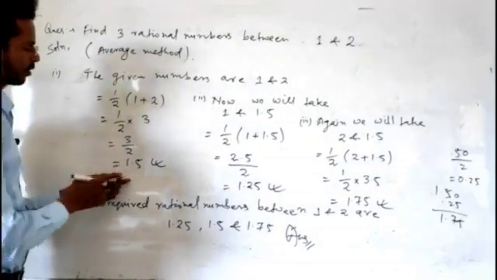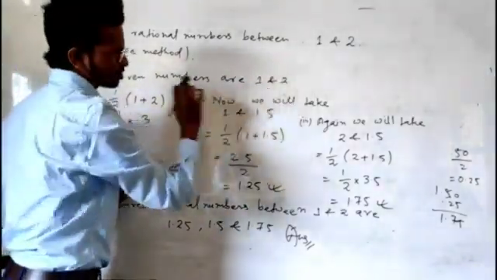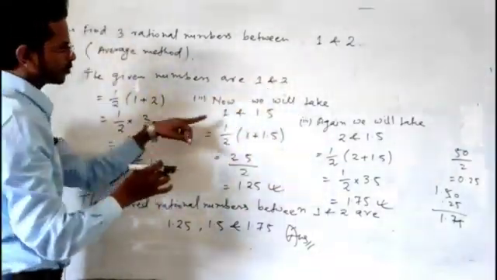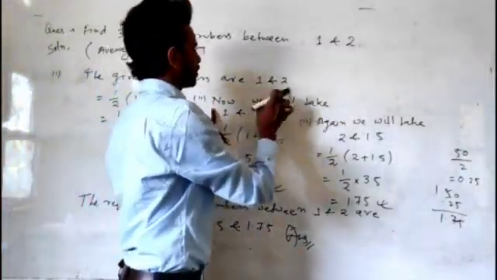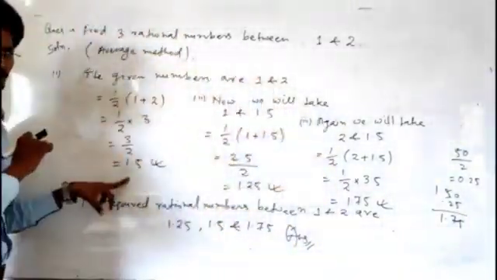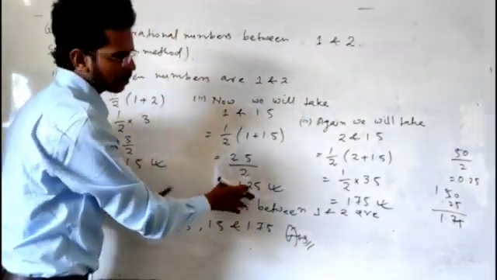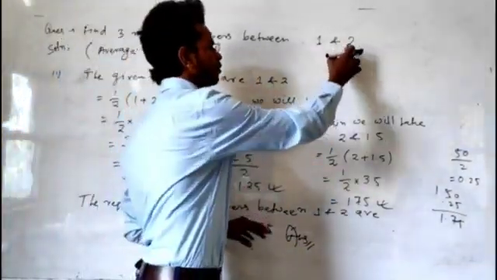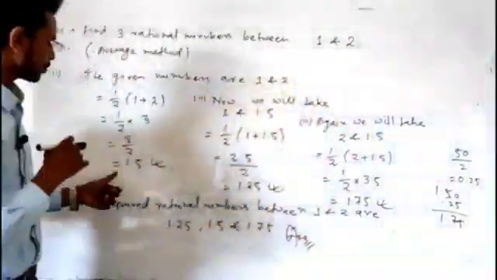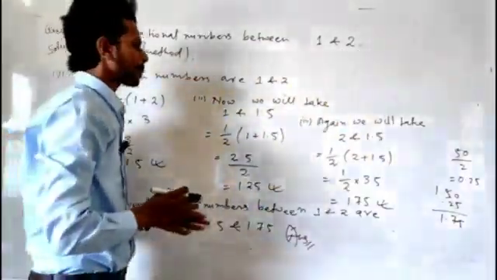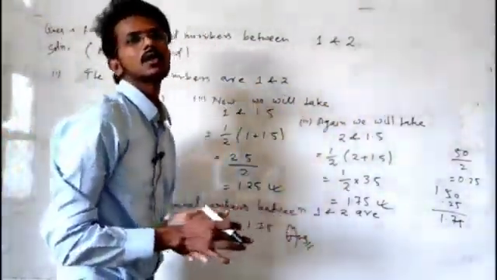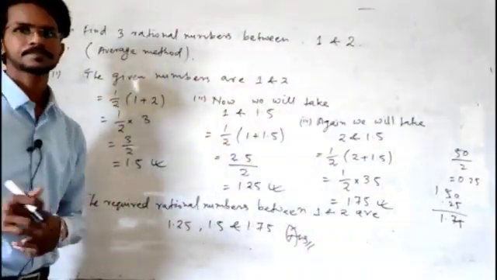Then we took this number with one of these two numbers. First we took 1 with this number 1.5, and we found another number. In this way we proceeded again and took 2 with this number 1.5, and we found all the 3 asked numbers.